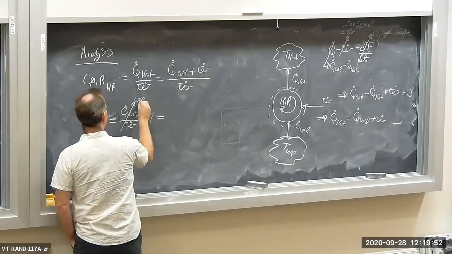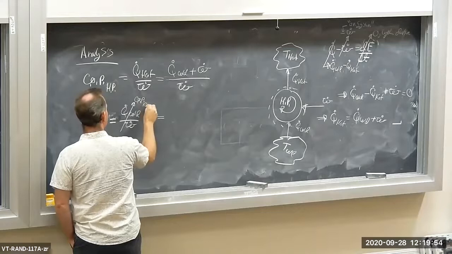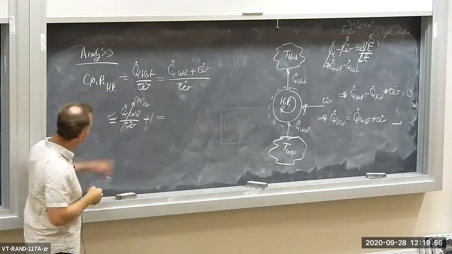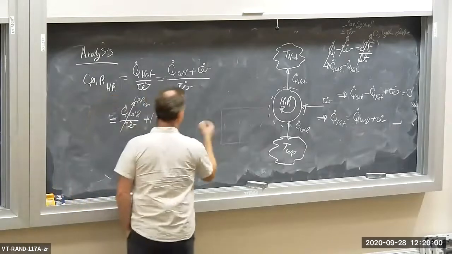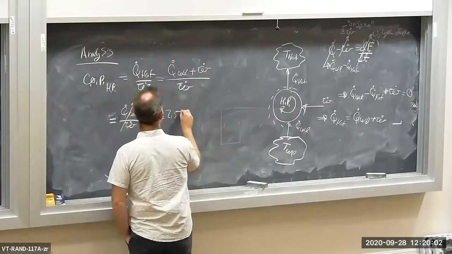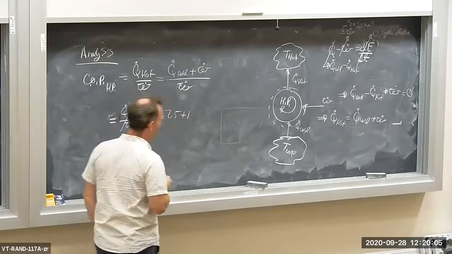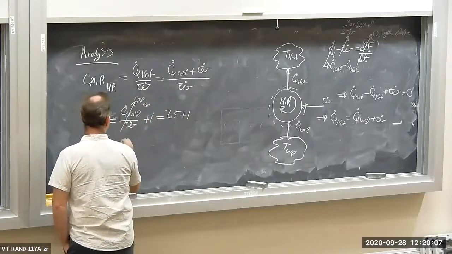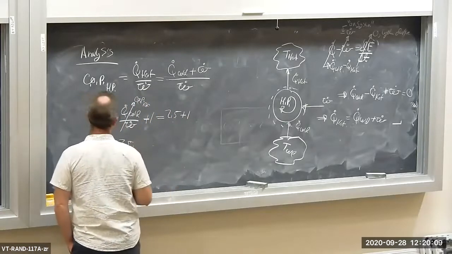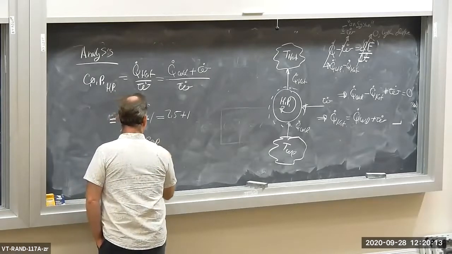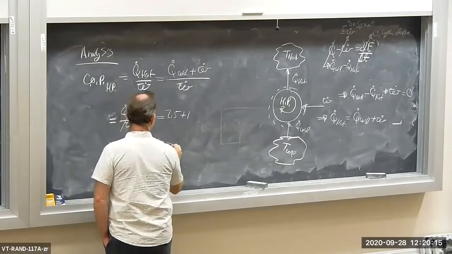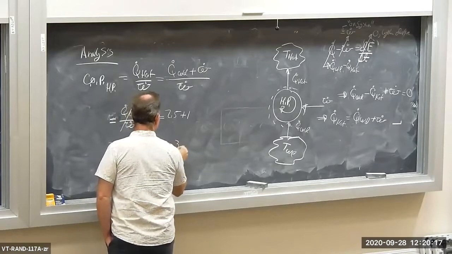We've already calculated that. Coefficient of performance for the refrigerator, Q dot cold divided by W dot, and we already calculated that is 2.5. Add a 1 to it, and I get 3.5. So the COP, if we treat this as a heat pump and not a refrigerator, is equal to 3.5.